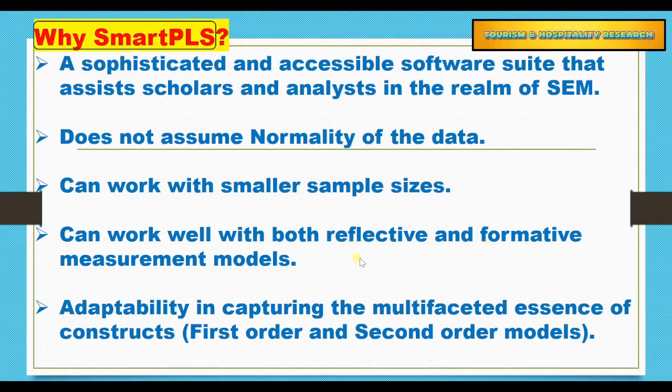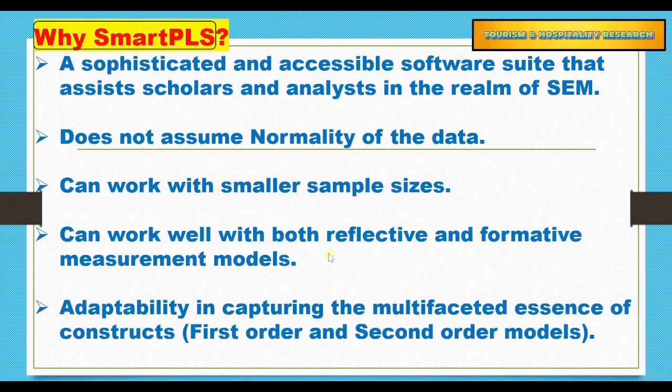So wherein the indicators of the latent variable are the effect of that indicator, we call them effect indicators or reflective indicators. In a case where the latent variable is formed by the observed indicators and all of them have different meanings, in that case we call them formative indicators of the latent variable.